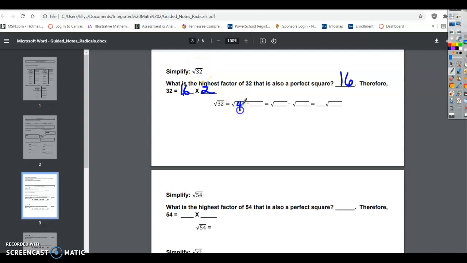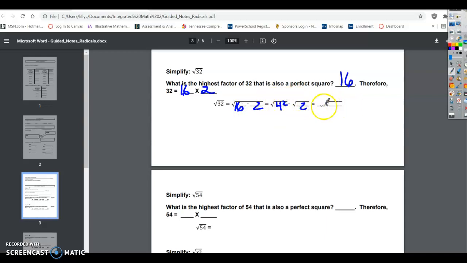16 is the same as 4 squared. And then the square root of 4 squared. I guess I'm supposed to put just 16 here. And then this would be 2.